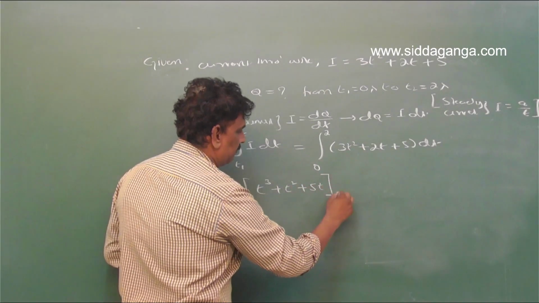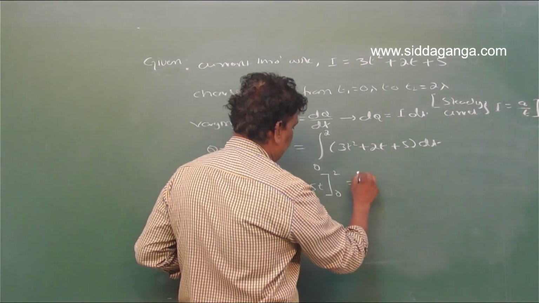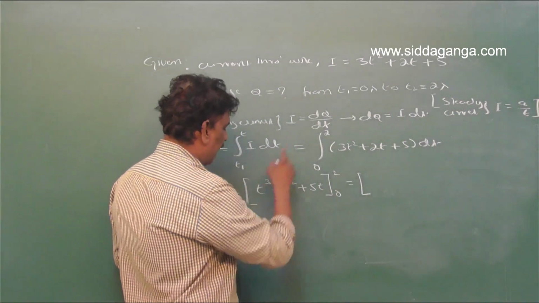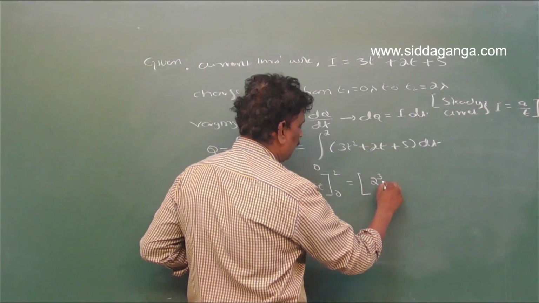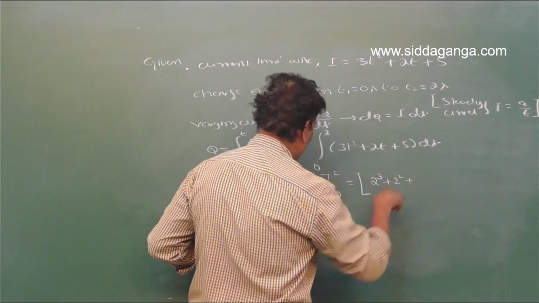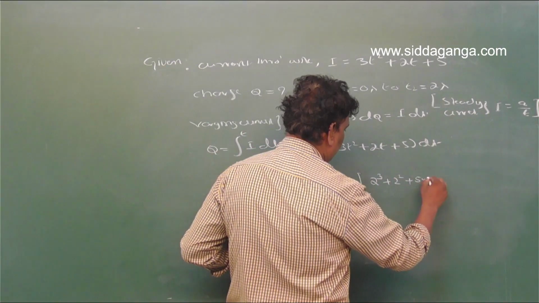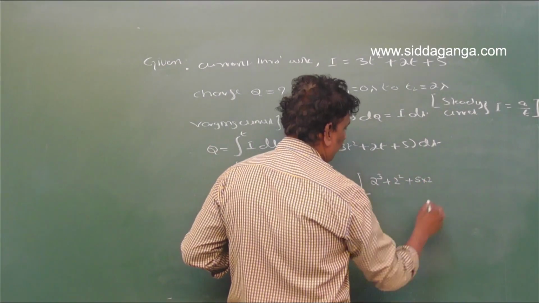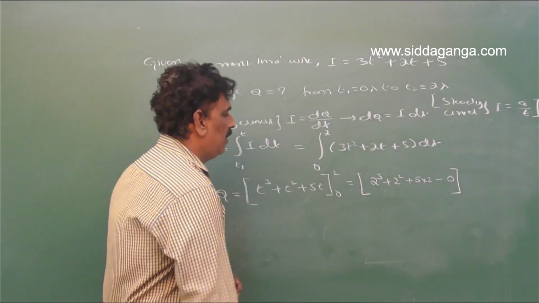So from 0 to 2, taking the upper limit, that is 2 cube plus 2 square plus 5 into 2, minus the lower limit 0.